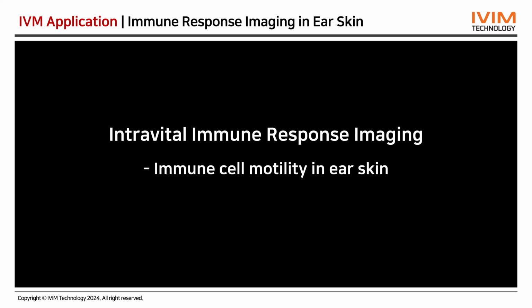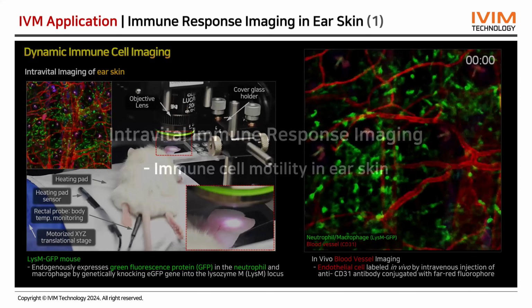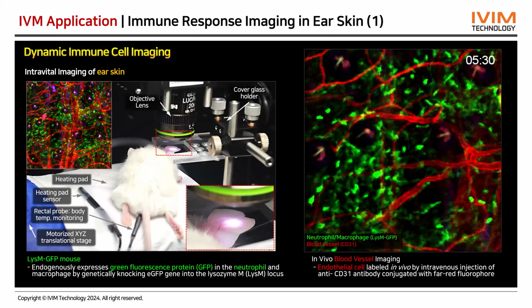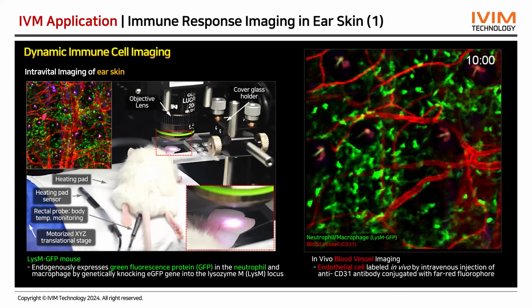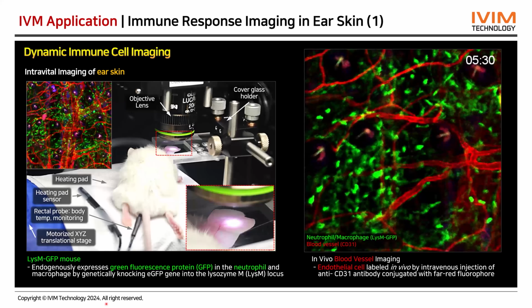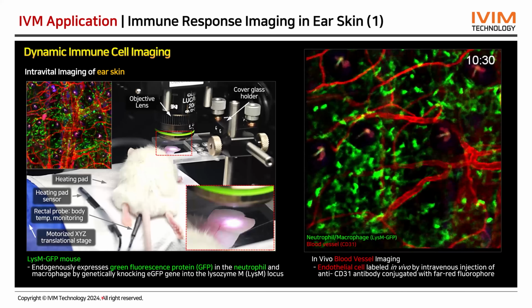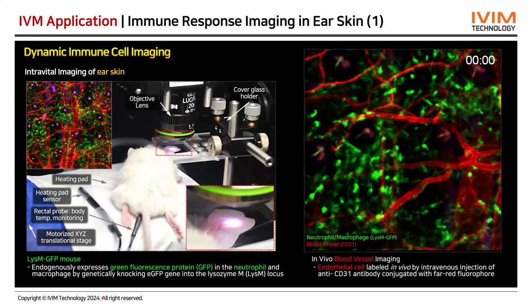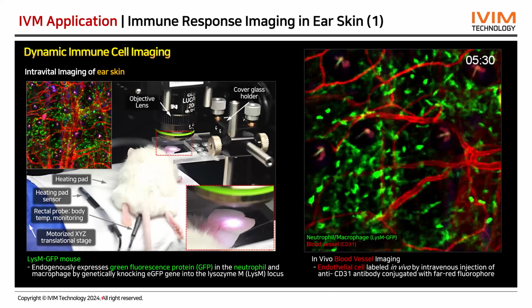Okay, for now, I will share the imaging data for observing wound healing and immune cell motility in living mice. In this study, we employed Lysozyme M GFP transgenic mice, which exhibit endogenous GFP expression specifically in neutrophils and macrophages.